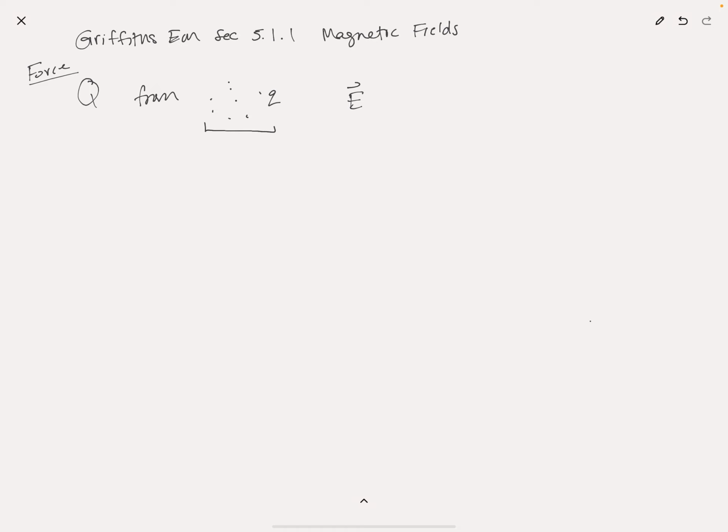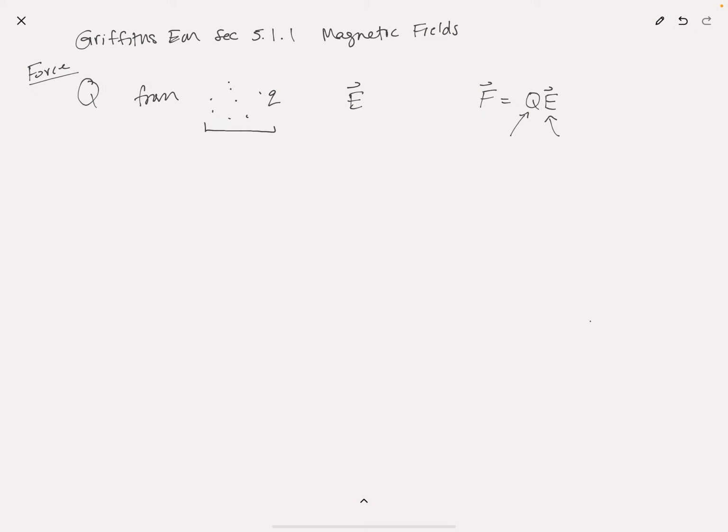And then I can figure out the force that my test charge feels by taking the product of that charge with the electric field that's calculated. So this test charge sits in a field E and feels a force F.